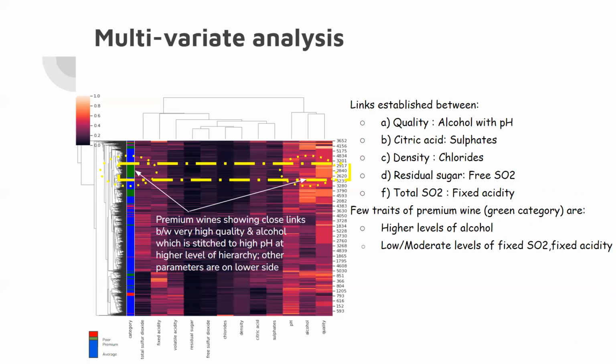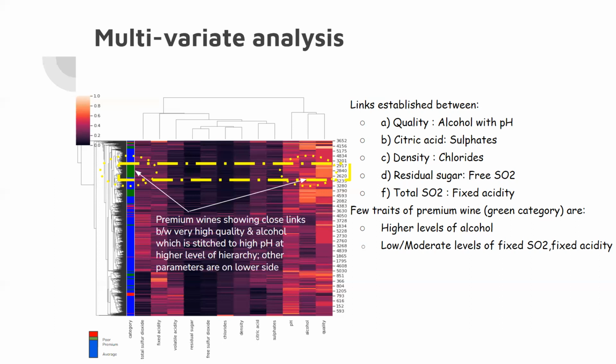For instance, you see pH, alcohol, and quality. They are very closely linked in some fashion. If you look at it from a practical standpoint, the higher the alcohol content, the higher the pH. And then acidity and pH are inversely related that way.